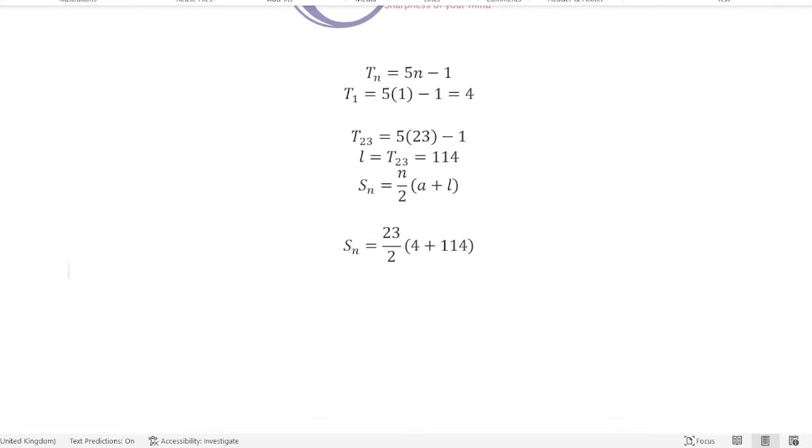So Sn is equal to 23 divided by 2 multiplied by 118. So Sn will be 1357. That would be the value of Sn.